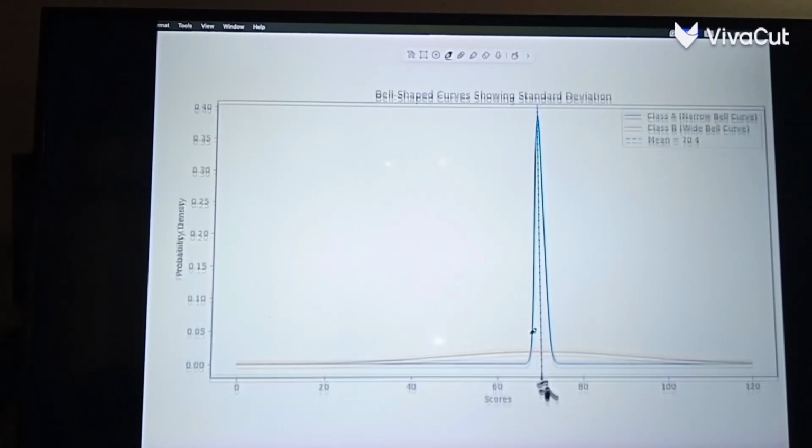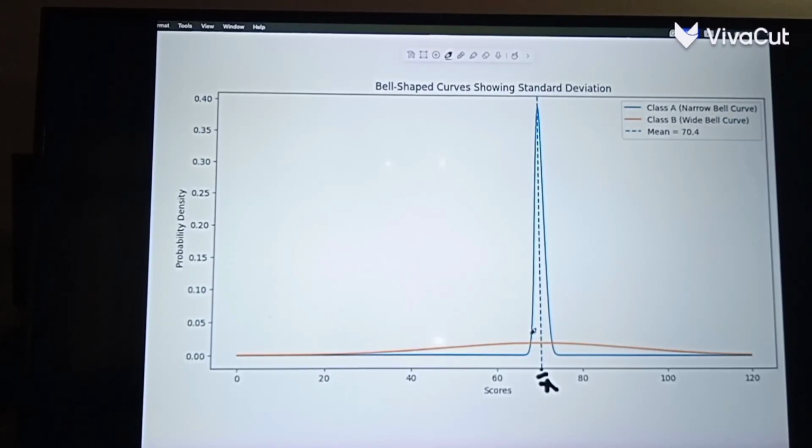Okay, now the minimum value here, this one is the range for the first data set, and this is the range for the second data set.